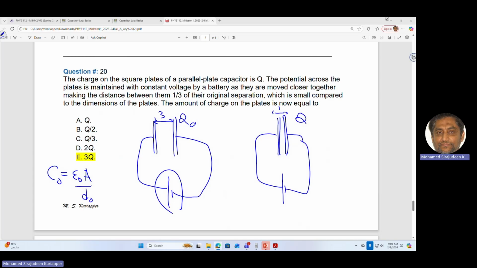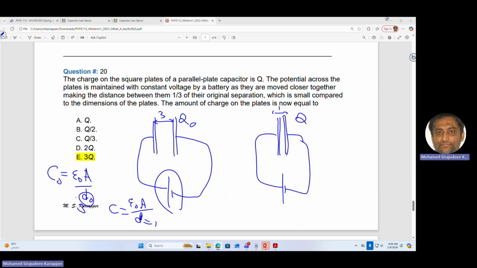So if the old D is 3, the new D will be 1. What will happen to the new capacitance, increase or decrease?